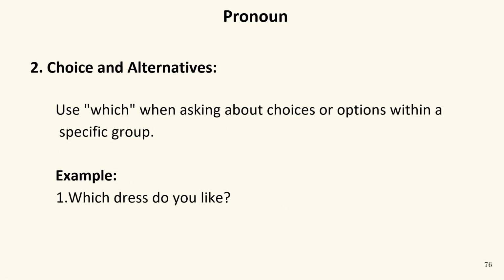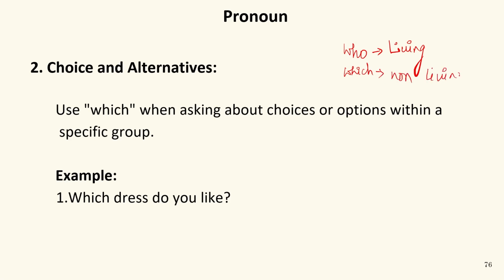Choices and alternatives. Now, in this case, we should have knowledge of relative pronouns as well. That we will discuss later on in the next session. But here I must tell you, the word who is generally used for living beings, whereas for non-living things we generally use which.